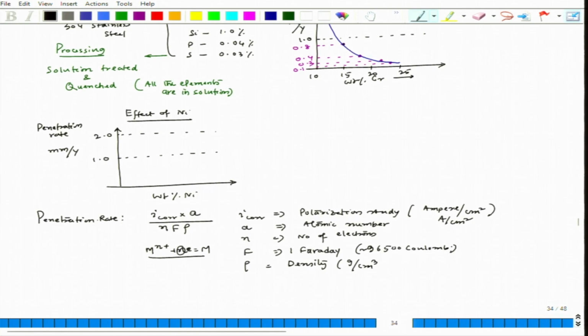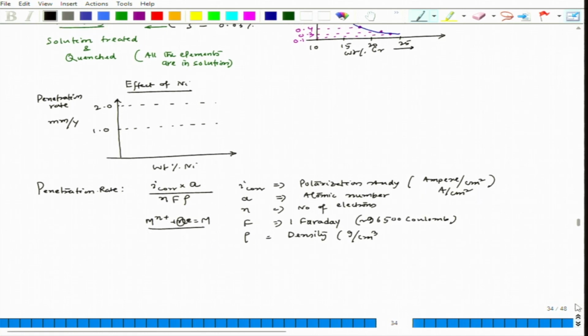One can determine this corrosion rate by doing polarization, or this is the route for getting the penetration rate. Somebody can do weight loss measurement.